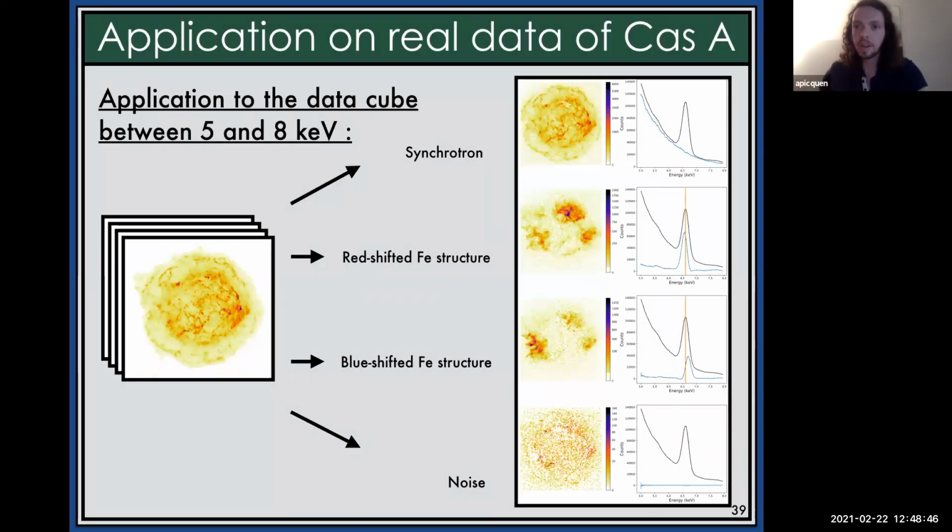Actually, in Cassiopeia A, we know that there is this asymmetry around the ion, so it's something that is quite obvious only by looking at the cube, and also in a lot of different papers that were talking about that.